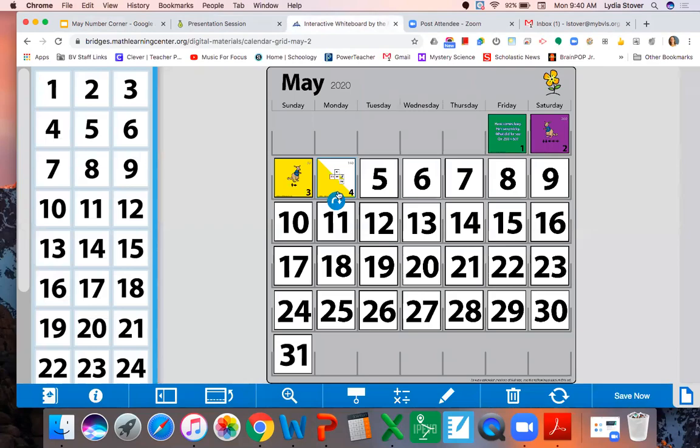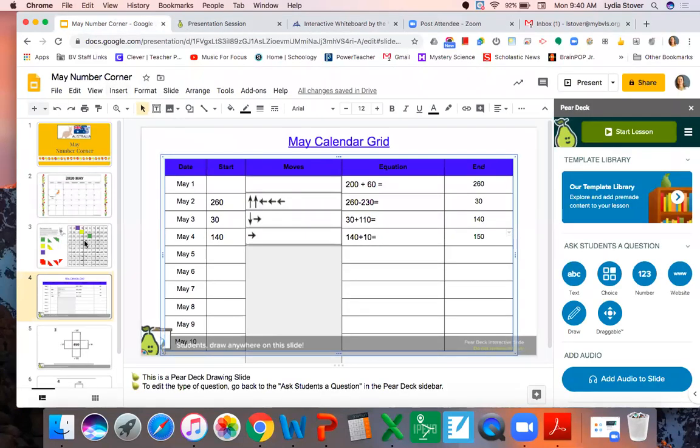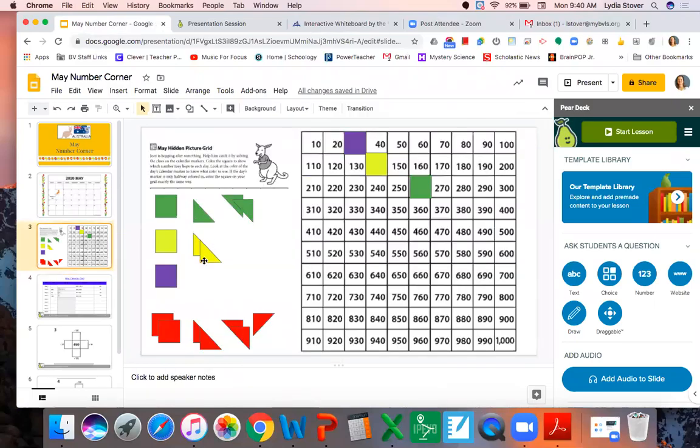So that means we're going to go to 150 on our hidden picture grid. We need to put this on right here. Make sure you do that so you don't get behind. You need to have your yellow crayon, color that on your paper.